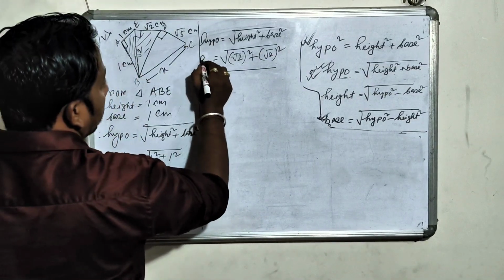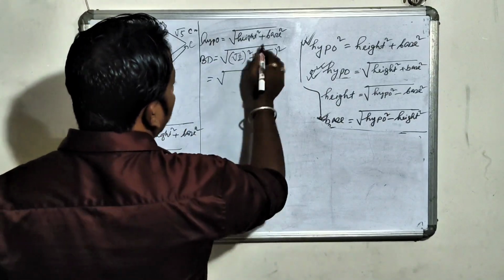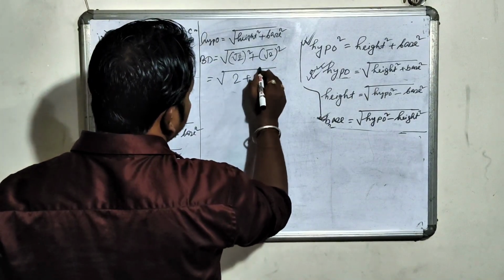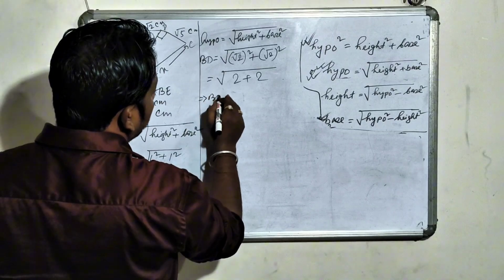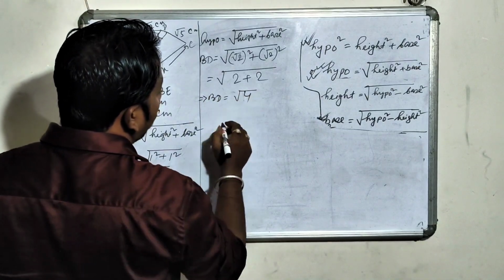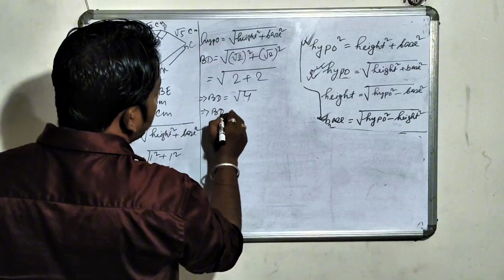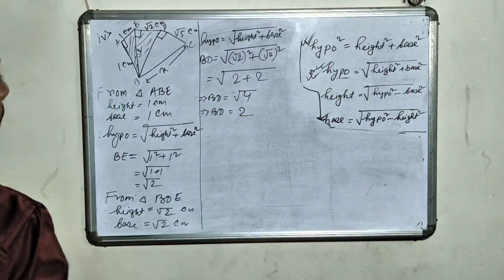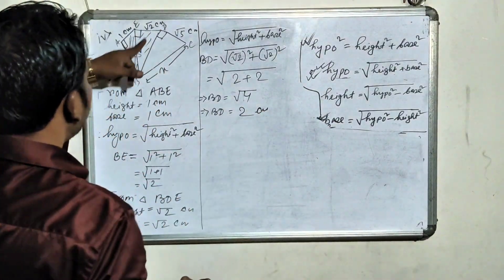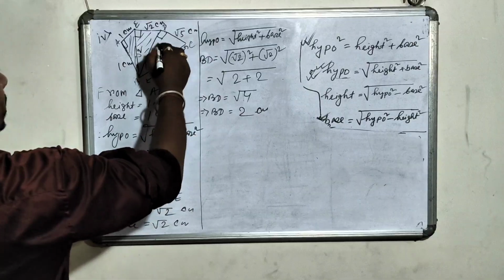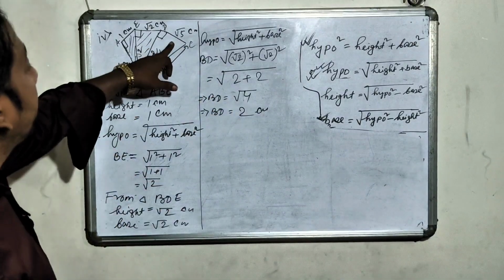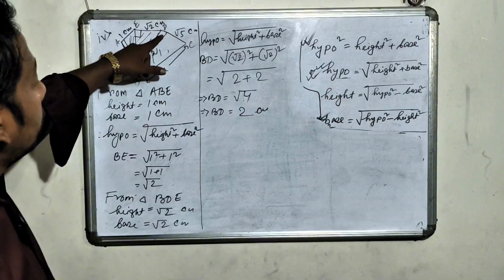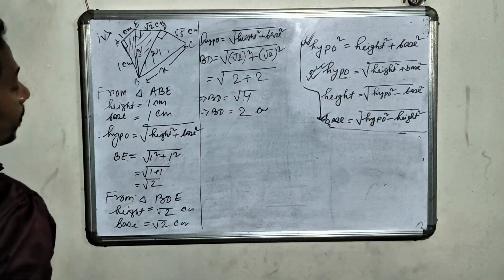Hypotenuse means BD. Root 2 square means 2, plus root 2 square means 2, or BD equals to root over 4. BD equals to 2 centimeter. Now this is the hypotenuse, but in that triangle it is treated as height, because in that triangle the hypotenuse is here, opposite of 90 degree.